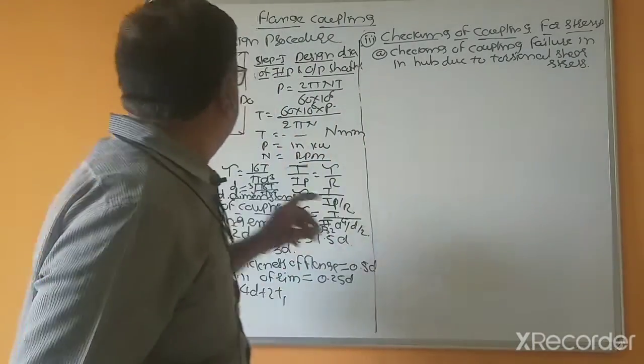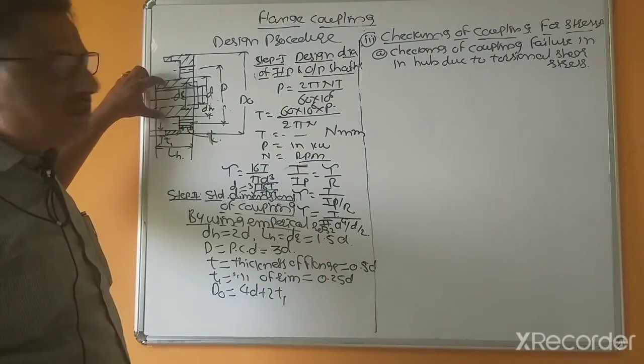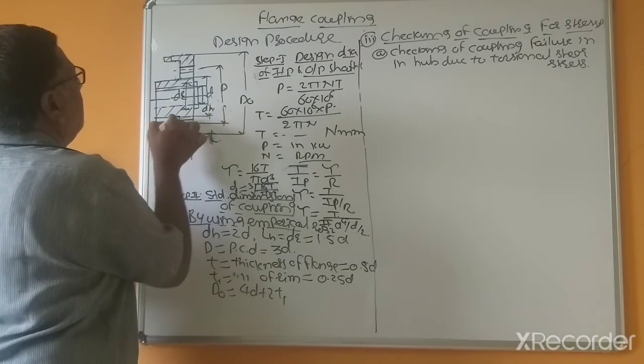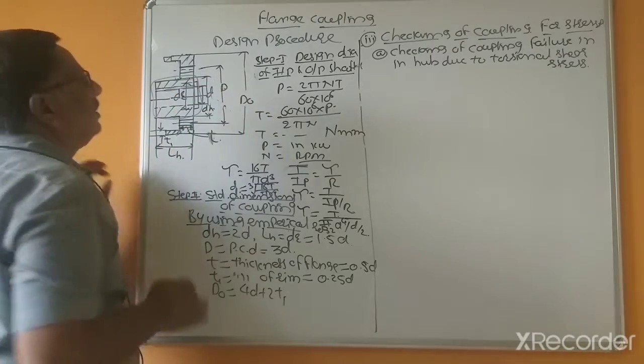Why this stress? Because in this case, there are chances of failure of this portion, which you can call a hub. These portions you can call a hub.